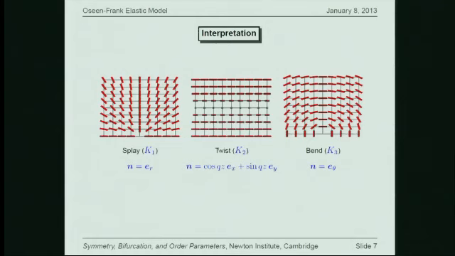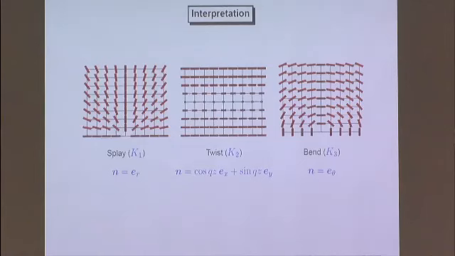I was disappointed that I couldn't find better pictures in my files of these things, but this is the standard interpretation that one attaches to the terms that appear in the distortional energy density, and there are nicknames associated with the 3 elastic constants.